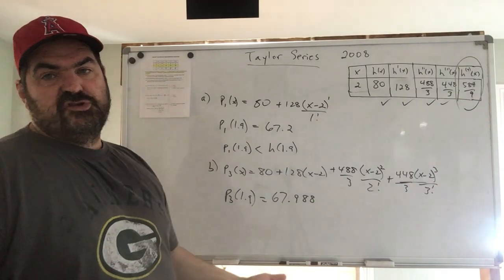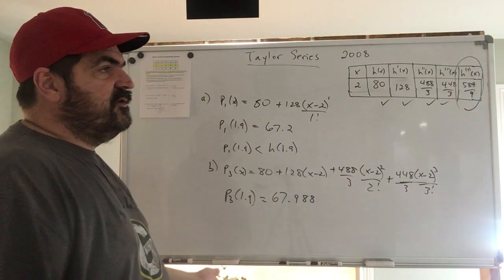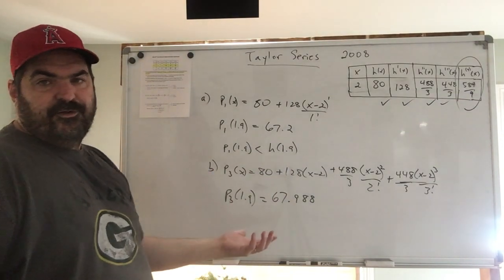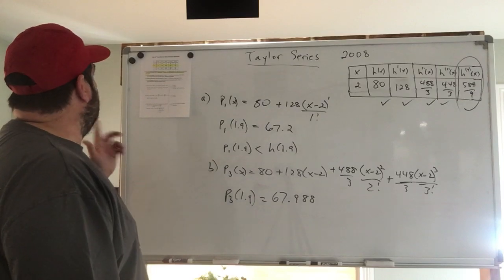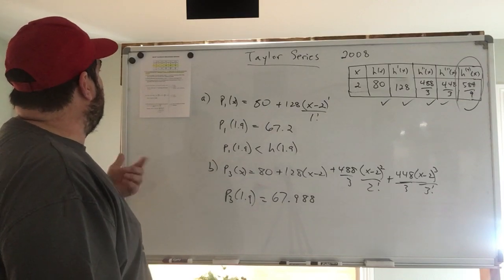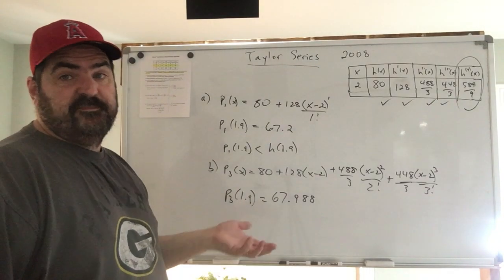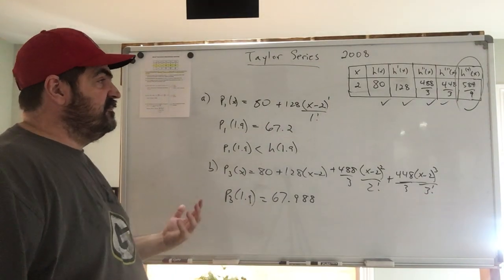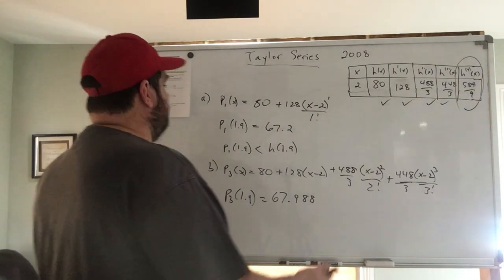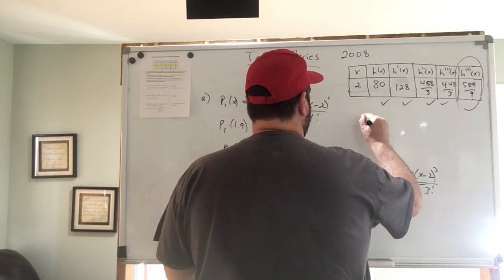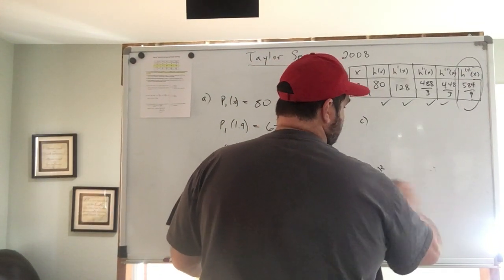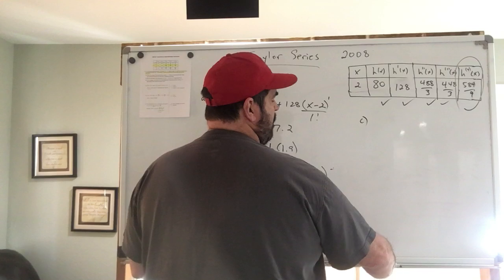Now they took Lagrange off the test. But I want you to just learn Lagrange error. It says use Lagrange about 2 to approximate 1.9. Show that the error is less than 3 times 10 to the negative 4. So that you're really close. Well, remember for our error, we would do this. I'm just going to erase that part.